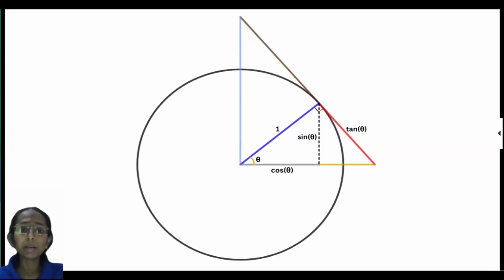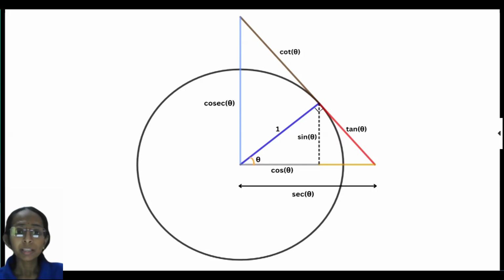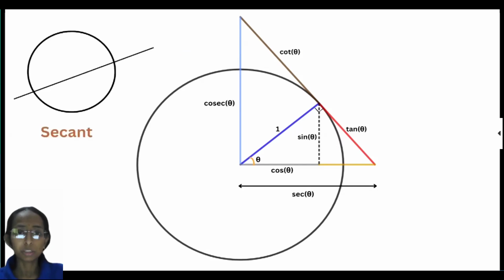Now, when we make a complete angle over here, 90 degrees, we get this line as sec theta, this one as cosec theta, and the gray line as cot theta. Now, secant, we know, is a line which crosses this circle and intersects at two different points.